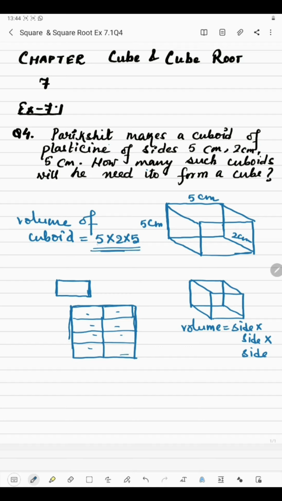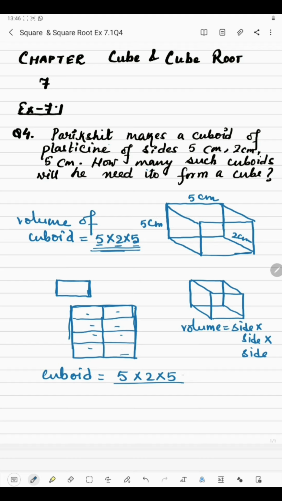Now here we can see that we have 5 twice as a factor, and if you take one more 5, then it will make a triplet, and here 2 more 2's are required to form a triplet. So here we have 5 into 2 into 5. This we have already.